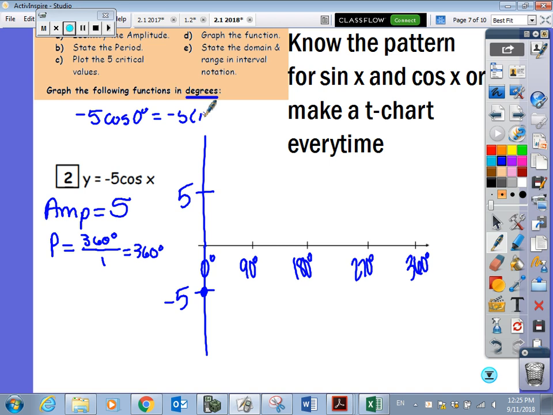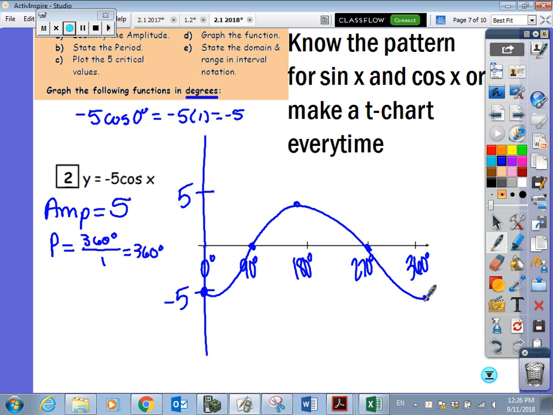Negative 5 times 1 gives me negative 5. That's how I figure it out if I don't remember the pattern. You've got to plug in the values. And then if I'm low, the only option next is to go middle. Then I have to go high, middle, low. And so it's just the cosine graph flipped, or reflected over the sinusoidal axis.